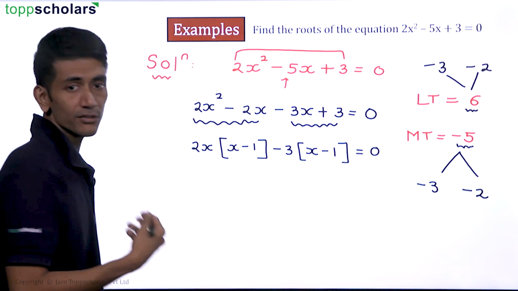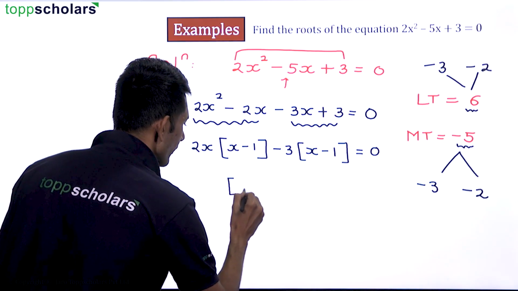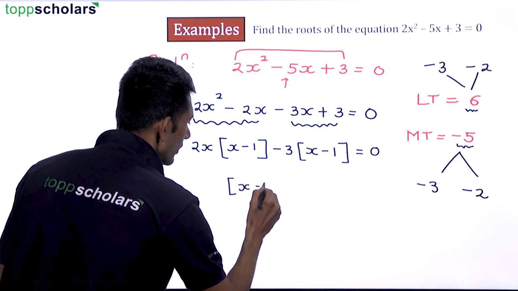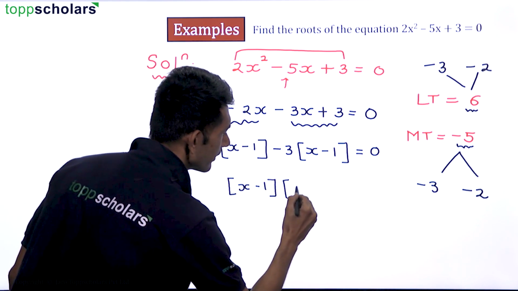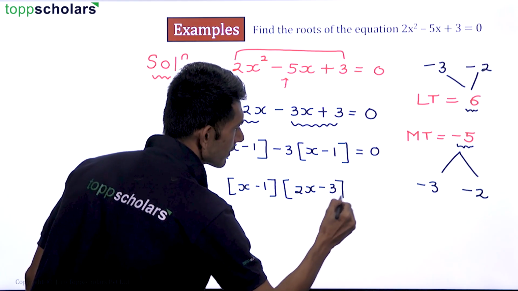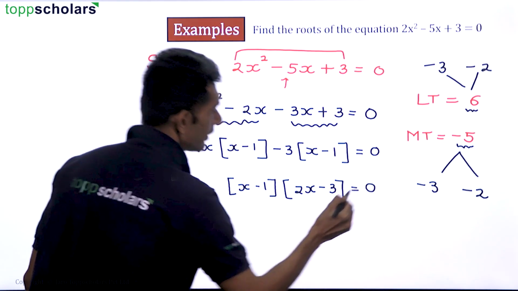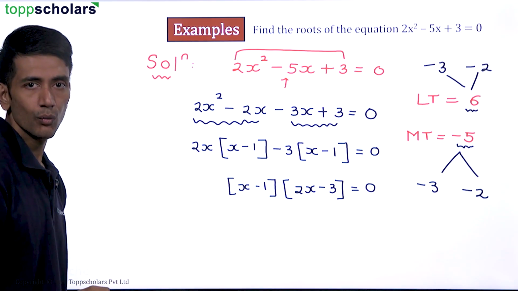Now x minus 1 is a common bracket, right? You can write down x minus 1 once again, and in the other bracket, you have 2x minus 3 equal to 0.